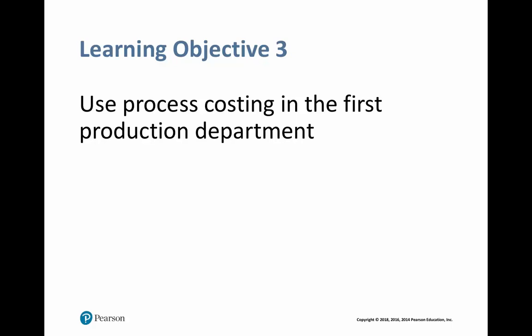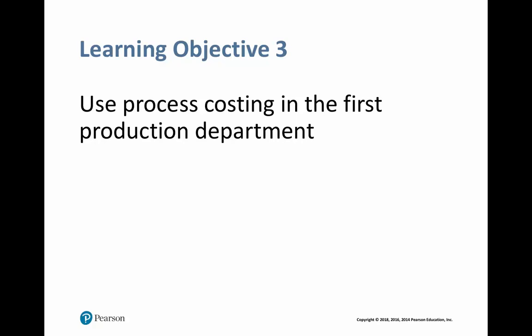For the purposes of this class, most of your exam, homework and quiz questions are going to relate to this first stage of production. I'm going to highlight what you need to know about the other stages when we get to the next learning objective. But for calculations and formulas, this learning objective is what you're going to want to focus on for homework, quizzes and exams for this chapter.